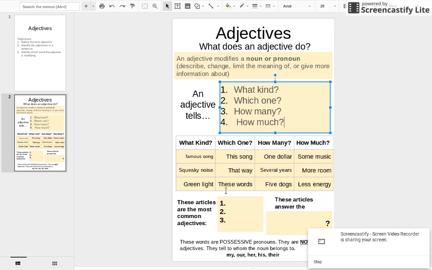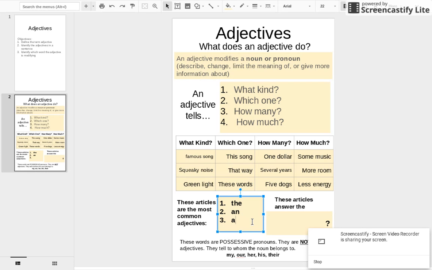Now, next we need to know that these articles are the most common adjectives. These 3 words right here, you'd never guess it. The, an, and a. These 3 words right here are adjectives because they tell which one.